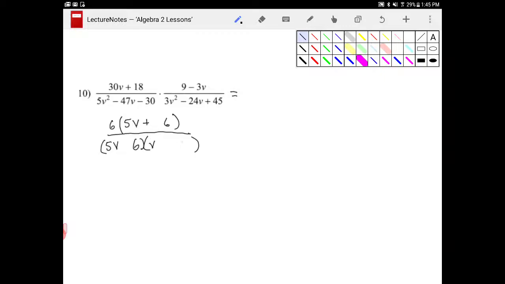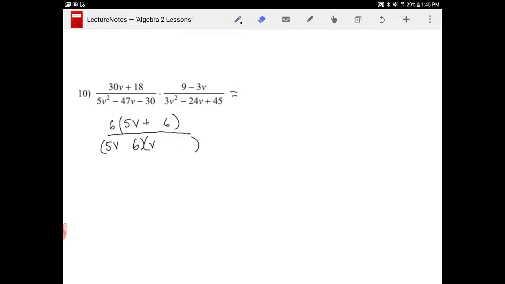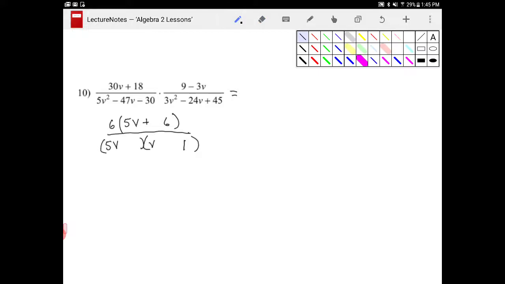No. 6 and 5? No. Let me see here. I need 30, but I need 47 in the middle. So that would be 10 and 3, because 5 times 10 is 50, and 50 minus 3 is 47. But I need it to be negative, so this has to be subtraction, and then this has to be plus.